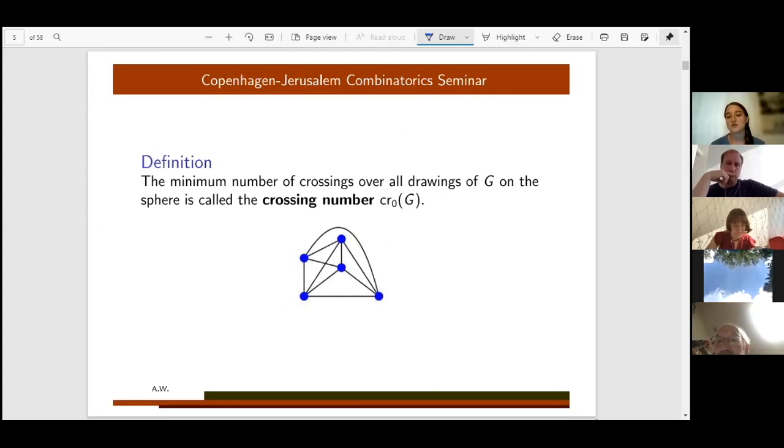So drawing on the sphere or the plane are equivalent. But however we're going to draw K5, there's always going to be at least one crossing. And here's a drawing where it has exactly one crossing. So we say the crossing number is 1. In more generality, the crossing number is the minimum number of crossings we can achieve when drawing the graph on the sphere. And the 0 here will be for the genus 0.